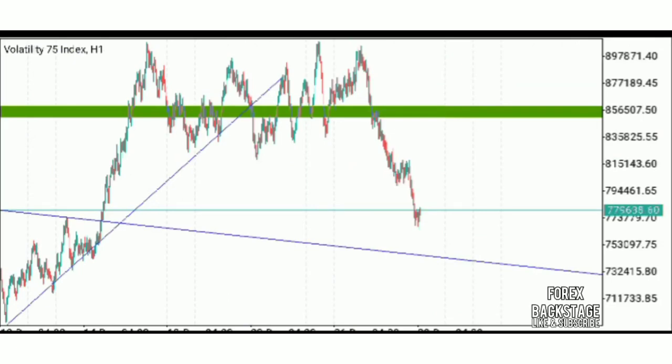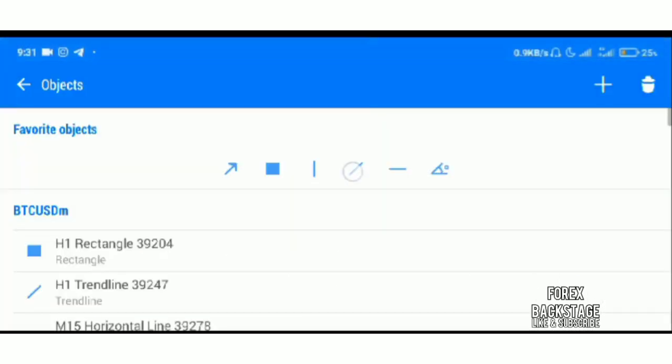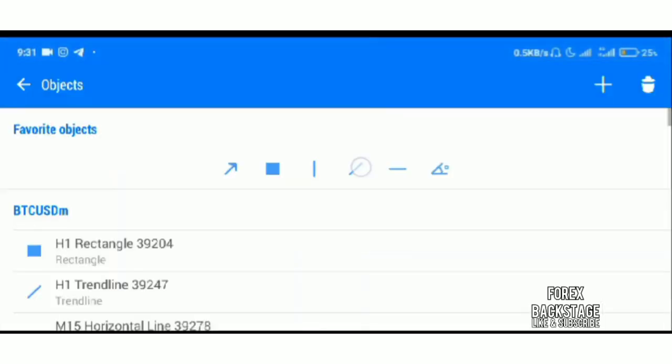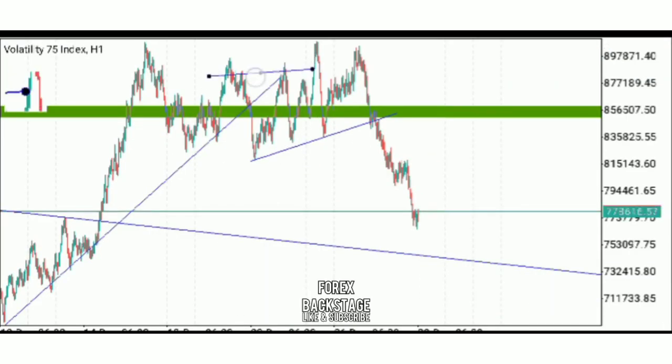So what you simply do is go to lower time frames. This is our 1 hour time frame. You check the structure. Okay, first low, second low, draw a trend line. You see here we have a structure, a corrective movement.